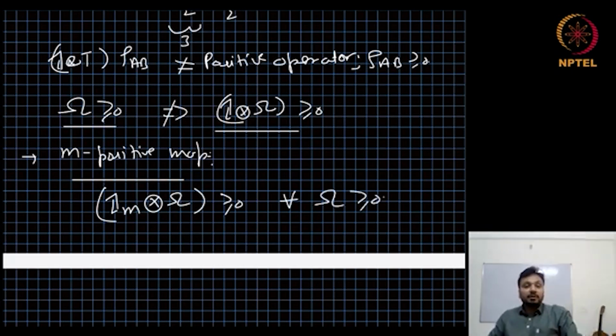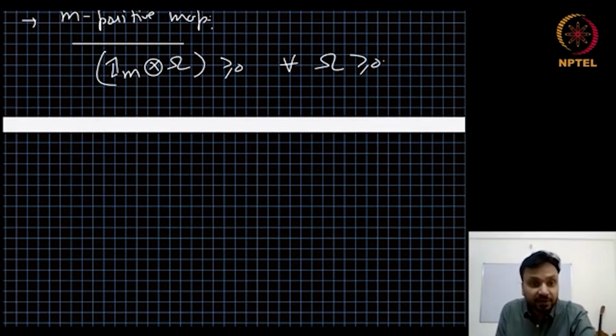If we have a positive map omega which is also positive when we apply it on one side of a bipartite system where the other party is M dimensional, then it is called an M positive map. But we are not interested in that. We are interested in the completely positive maps.